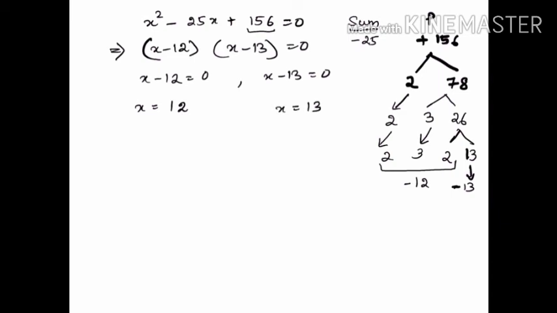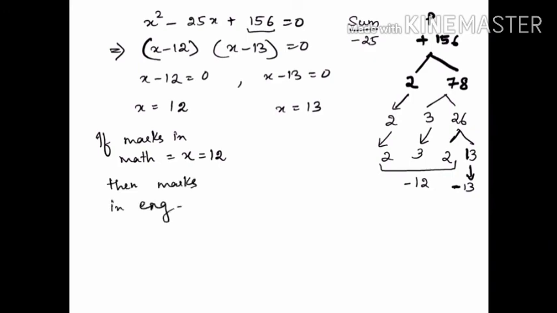Now which one is the answer? In this particular question, both answers are acceptable, because if marks in maths, which is represented by x, is 12, then marks in English will be 30 minus x, that is 18.